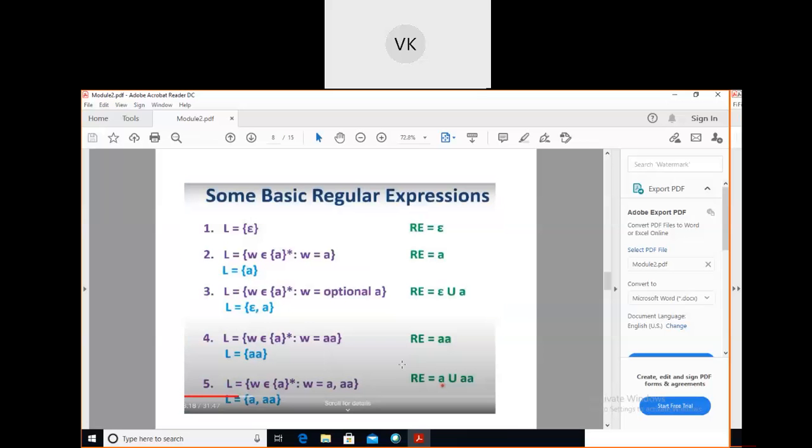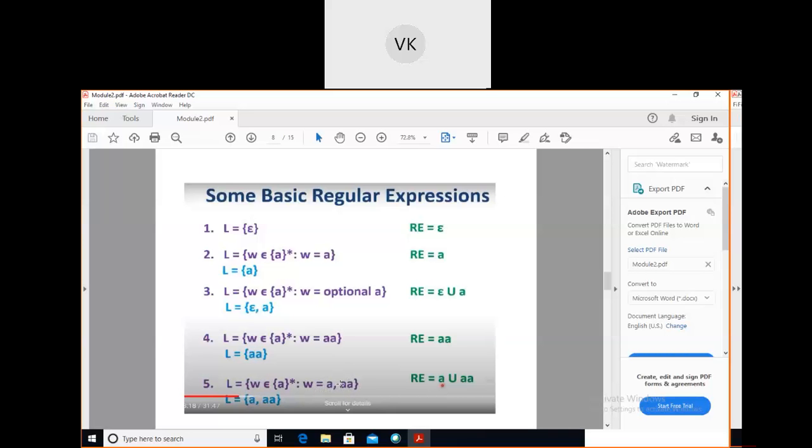Fifth one: L is the language of a set of strings W over an alphabet, where W is equal to a, aa. It should accept a and aa only.